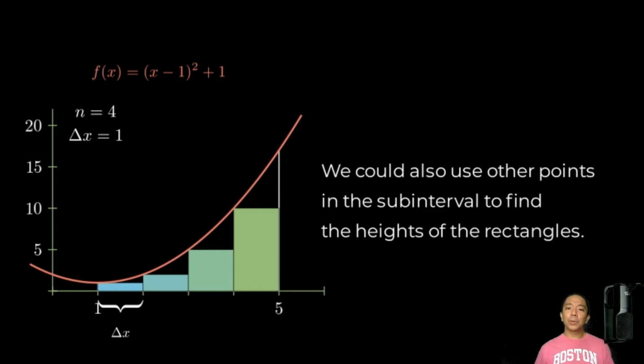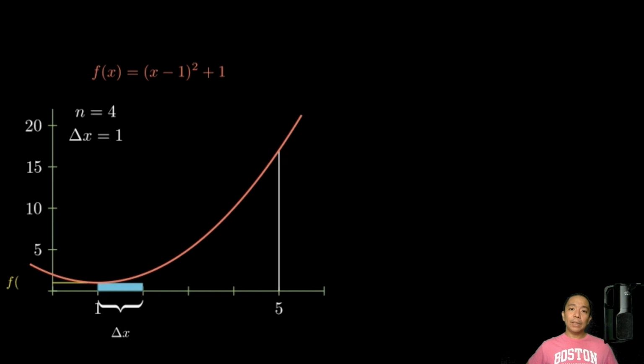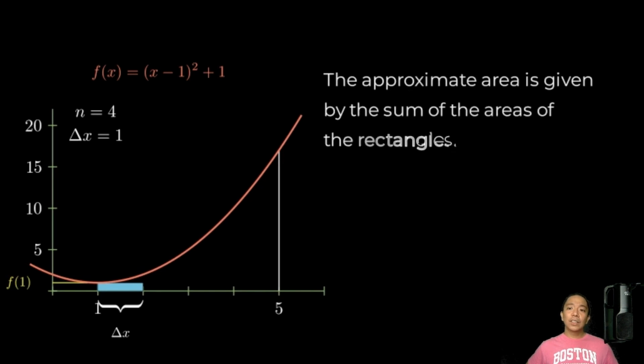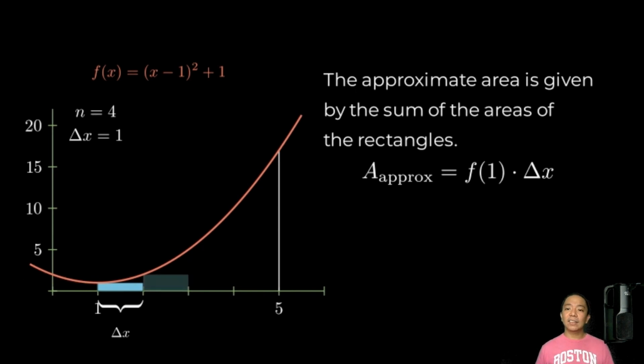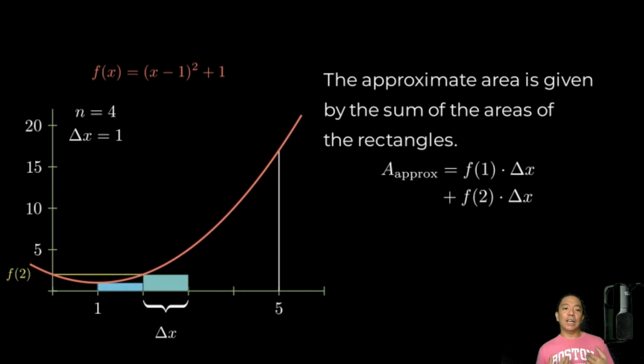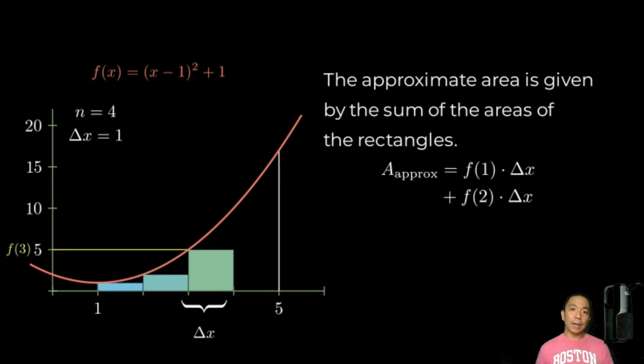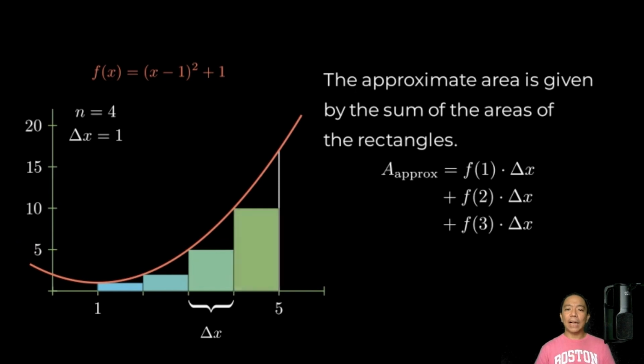So using the leftmost endpoint, we will proceed with approximating the area of the region. So it will be given by the sum of the approximating rectangles, yung areas nila. So let's start with the first rectangle, that's f of 1 times delta x plus f of 2 times delta x plus f of 3 times delta x plus f of 4 times delta x. Let's just wait for the animation to catch up.